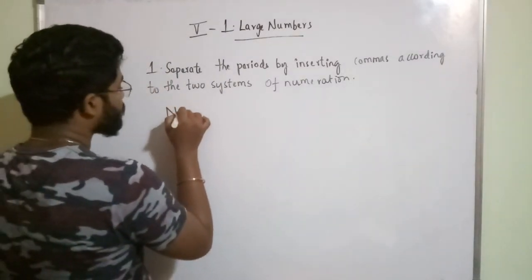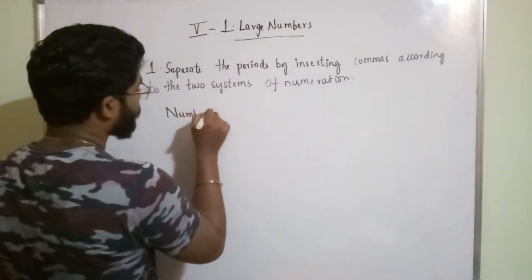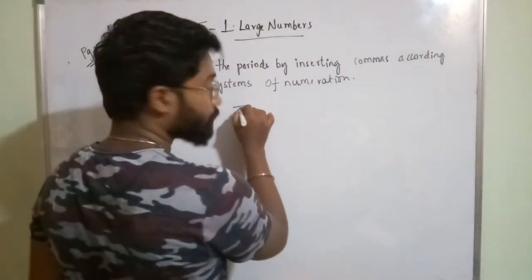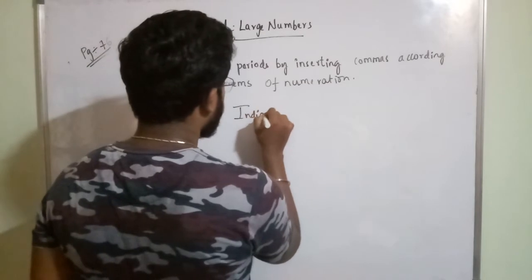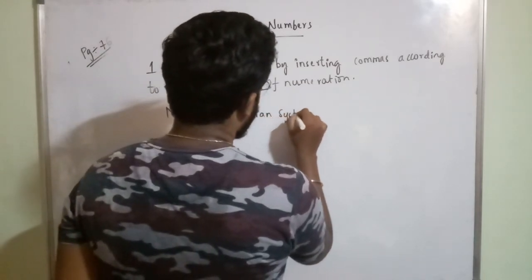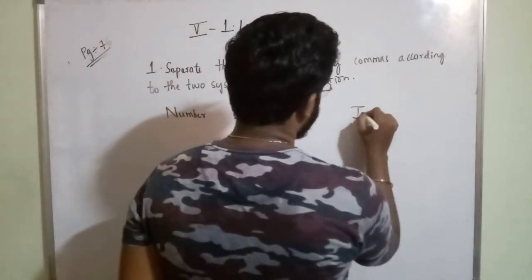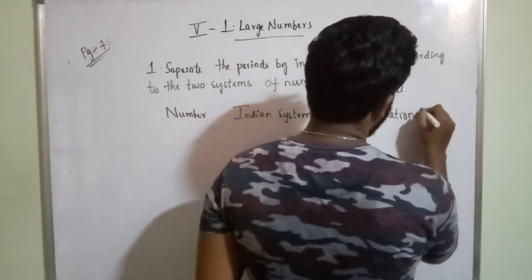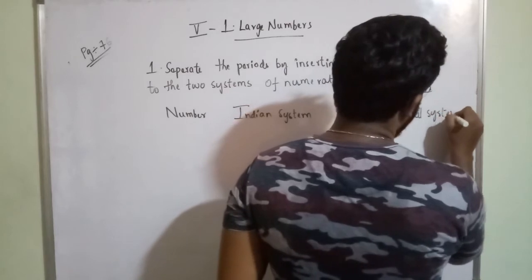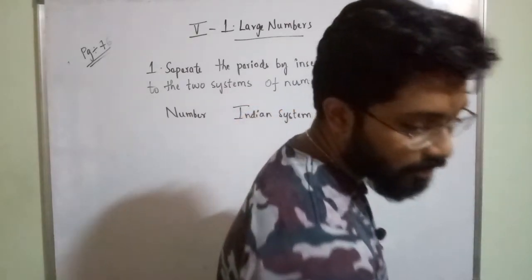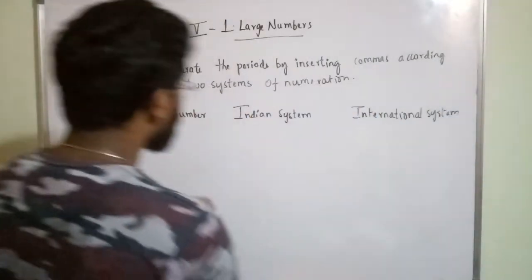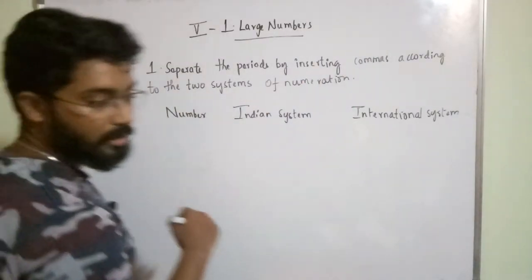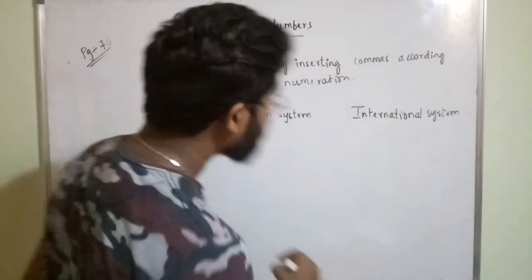Number, Indian system, international. For the given number we have to separate the commas according to the Indian system and international system. So here A, he has already given this, 108717.